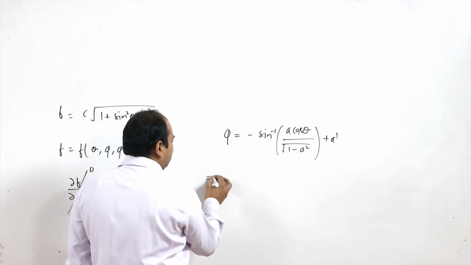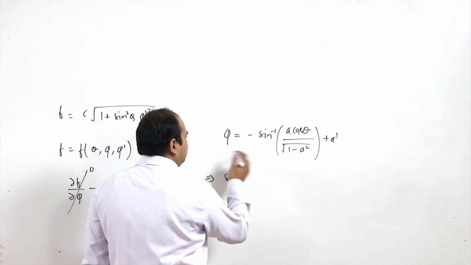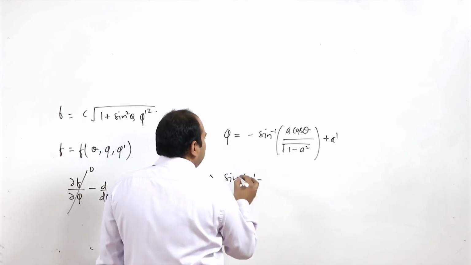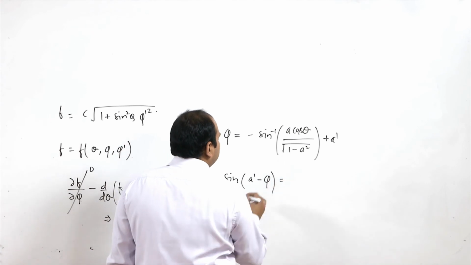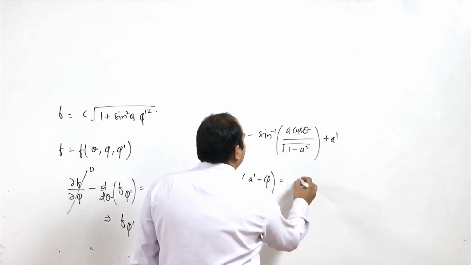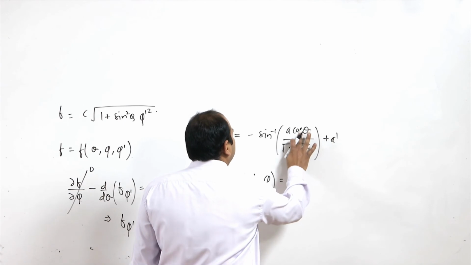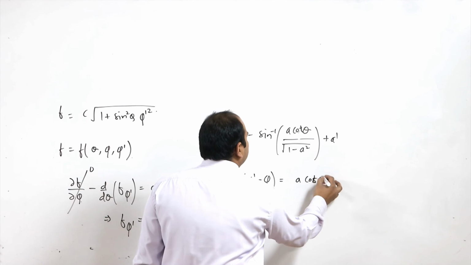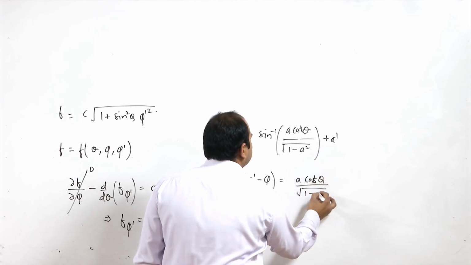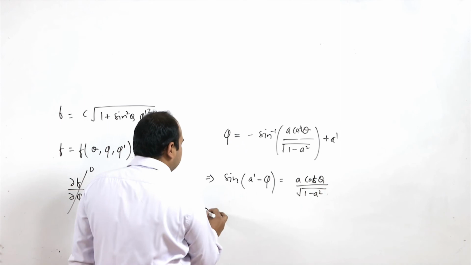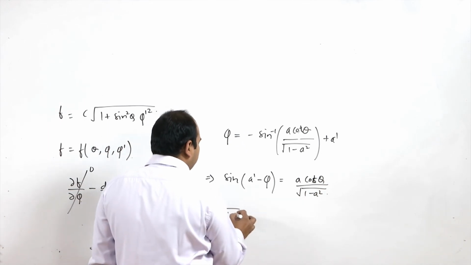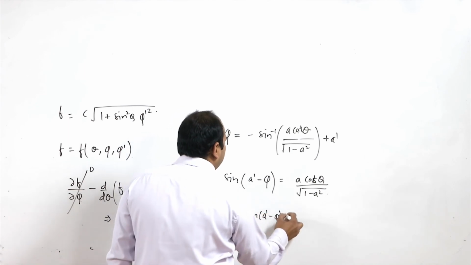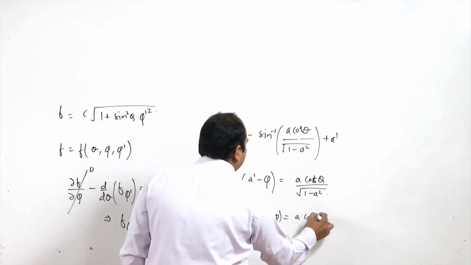So you can write that sine of a dash minus phi is equal to a cot theta upon under root 1 minus a square. Here you can simplify and multiply by under root 1 minus a square, so under root 1 minus a square sine of a dash minus phi equals a cot of theta.